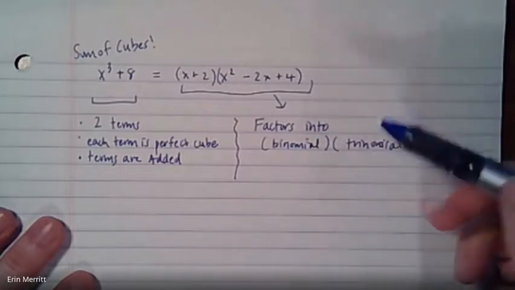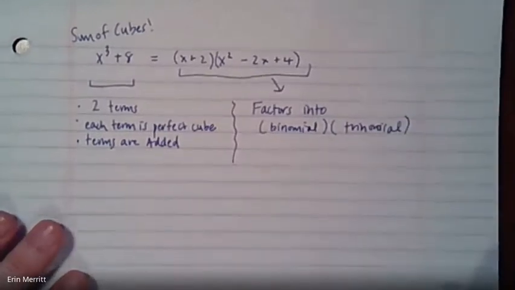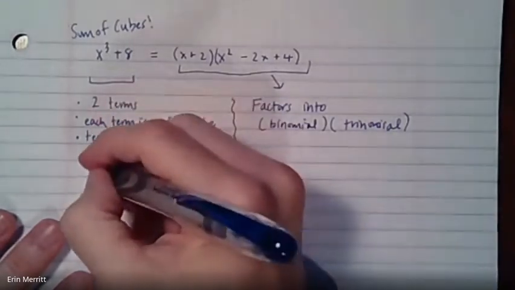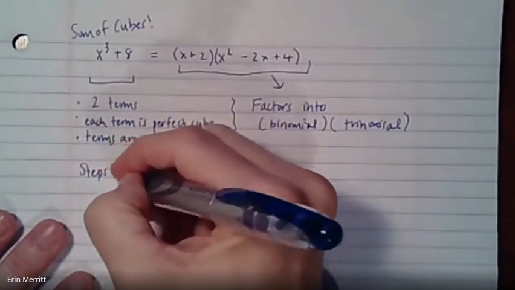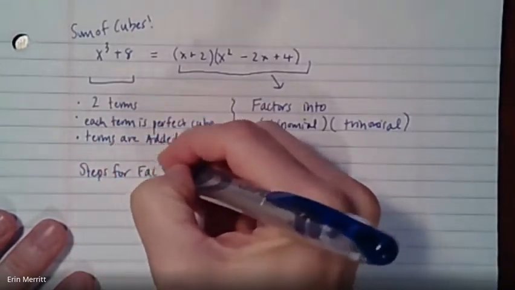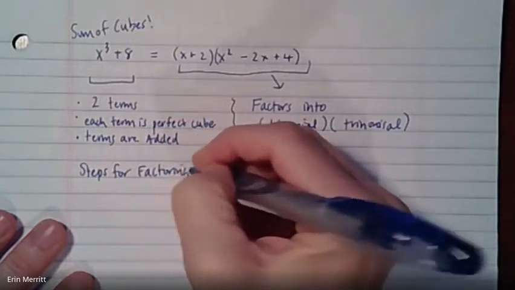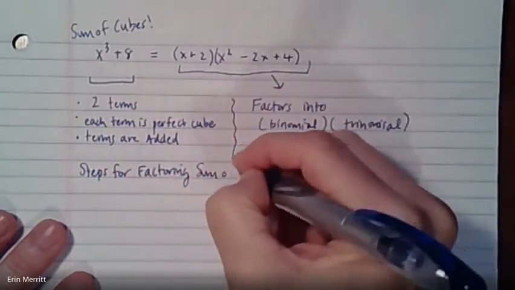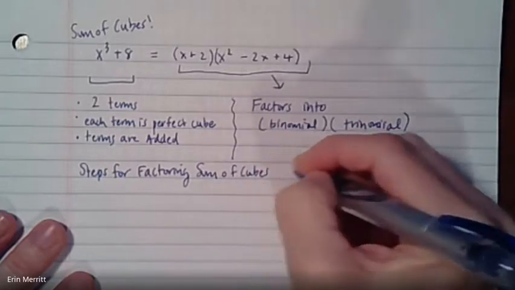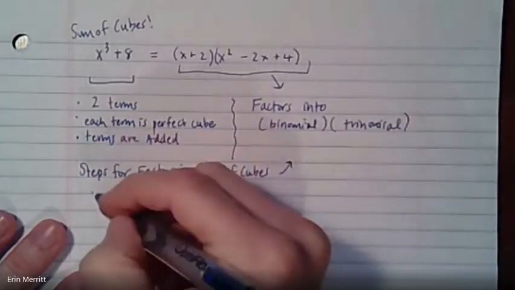So let's actually organize what's happening in each piece of it. All right. So the steps for factoring the sum of cubes. So that's to get this side of it. All right.